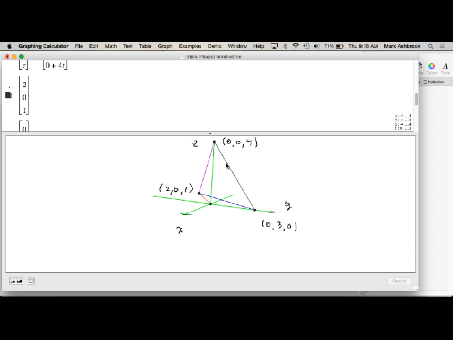And then you have the black line in the yz plane. And then you have the space curve, which is this blue line.